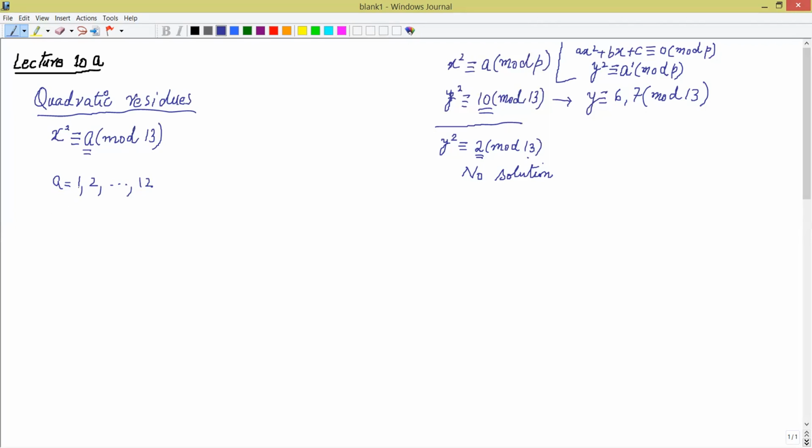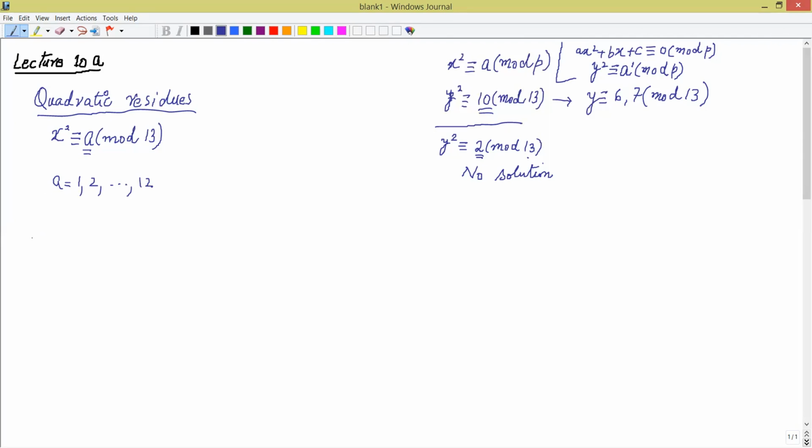So if a is such a number that this quadratic congruence is solvable, then that number is called a quadratic residue. And if the quadratic congruence is not solvable, then the integer is called a non-quadratic residue. Okay.